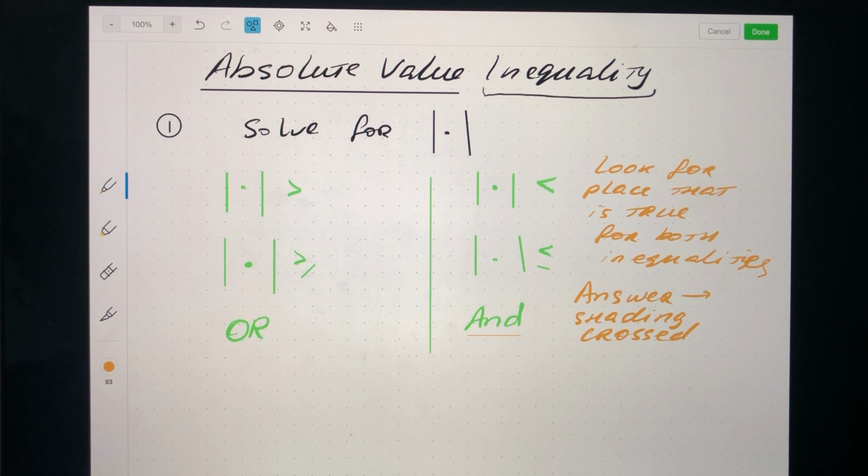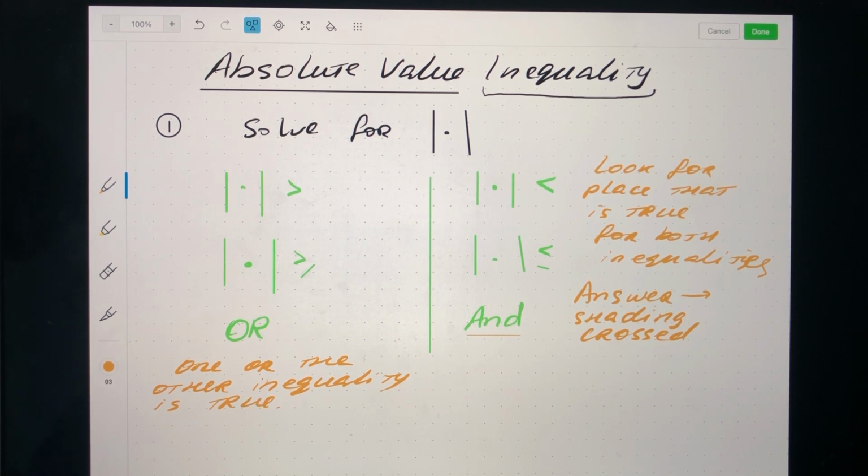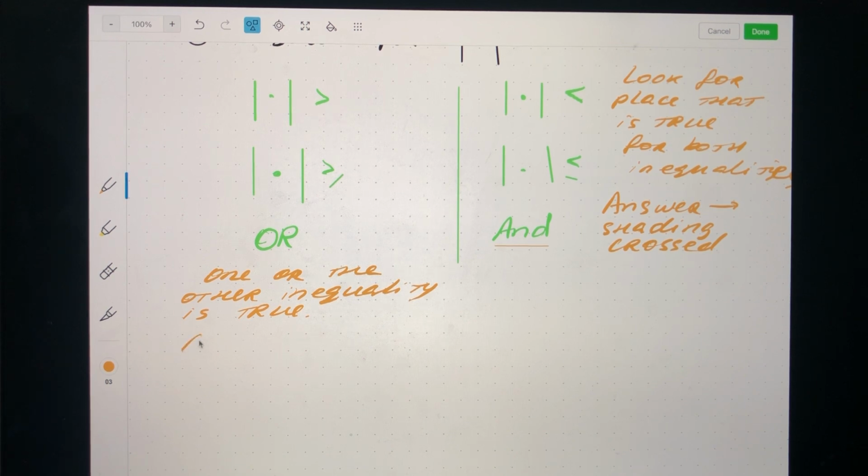For the OR, we'll look for the place where either one inequality or the other inequality is true. And that means that the final answer is going to be everything that is shaded.